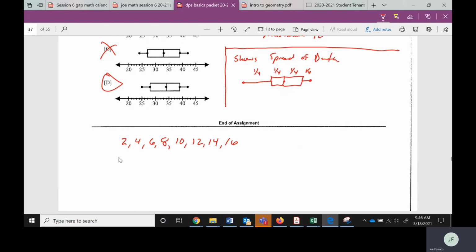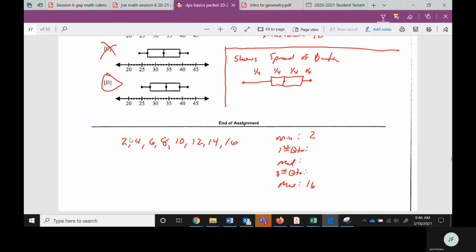If we had to find the minimum, the first quartile, the median, third quartile, and the max for this, well, again, 2 would be the minimum, 16 would be the max.